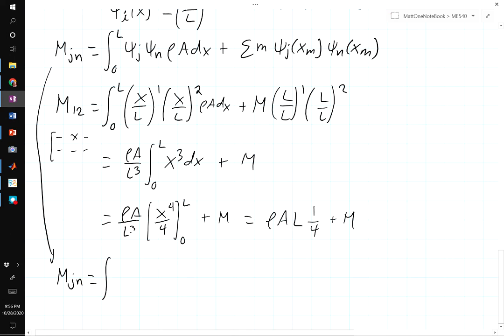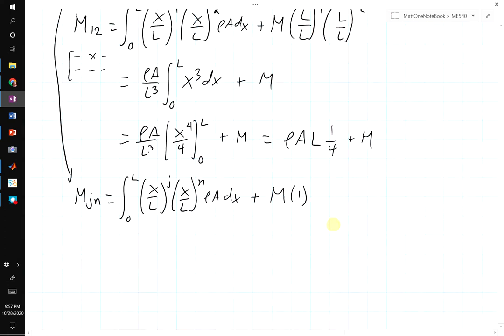In the general case, this would be x over L to the j power, x over L to the n power, rho a dx, plus the mass times x over L, or L times L over L. These will all be L over L, so this is all just going to be 1. We don't need to do anything more there.